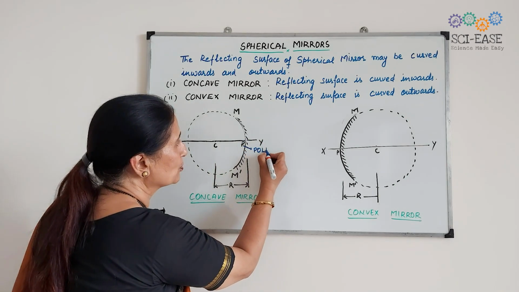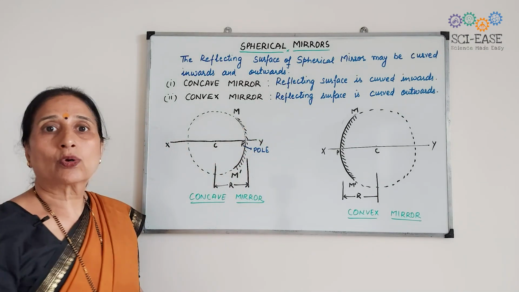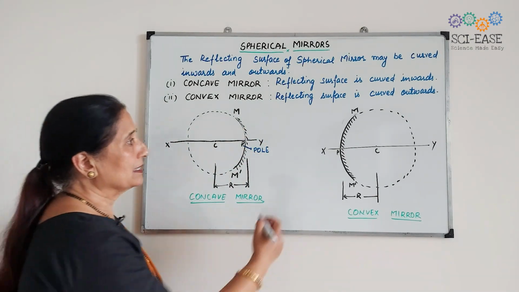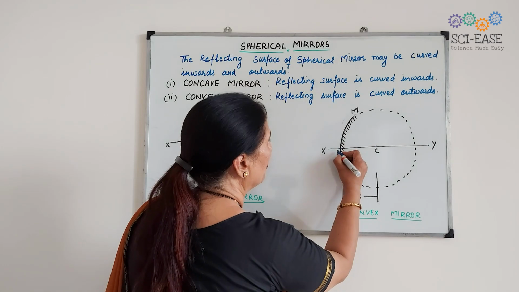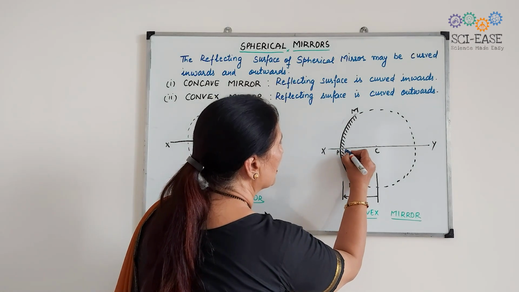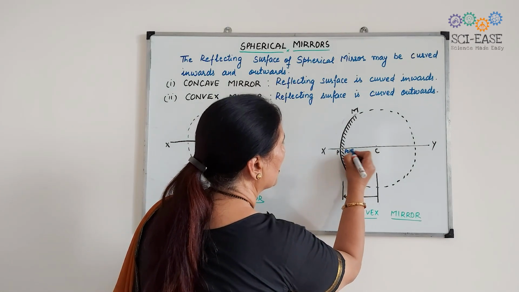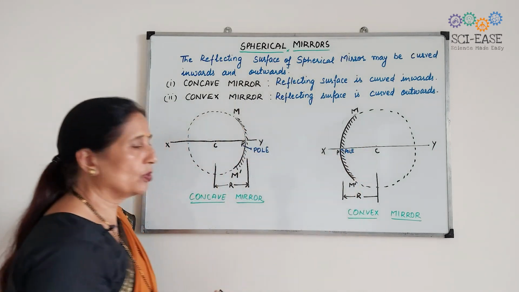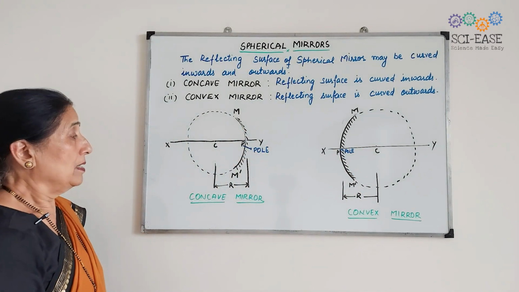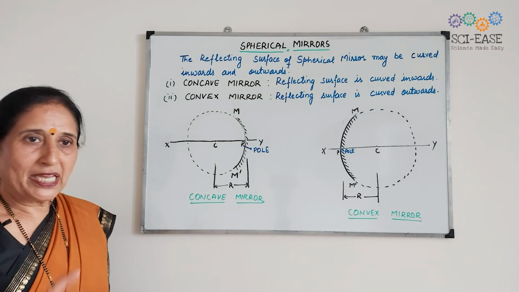That is the pole of a concave mirror, and this is also the pole of the convex mirror. And it is denoted by P.